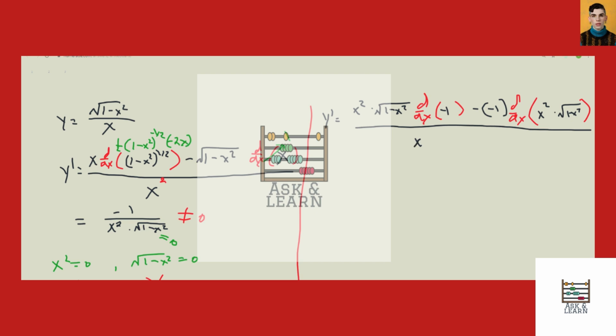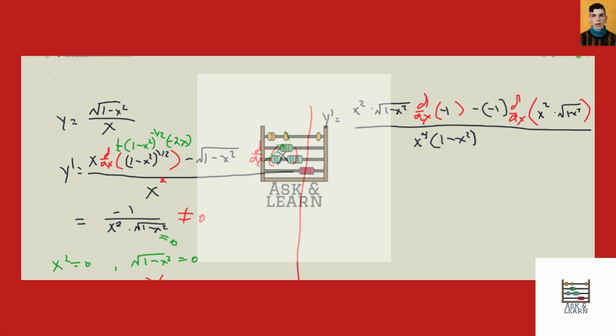So that would become x to the fourth times 1 minus x squared. And normally when we get rid of that square root, we would need to put absolute values here, but we at least know on our domain that will never be less than 0.